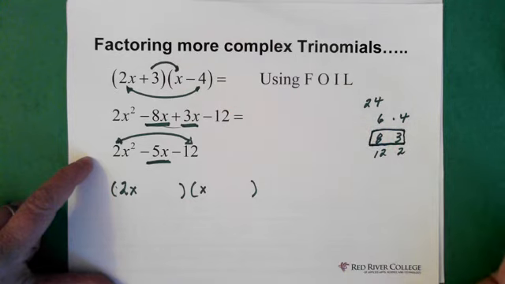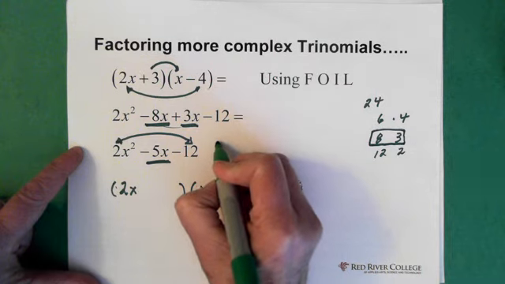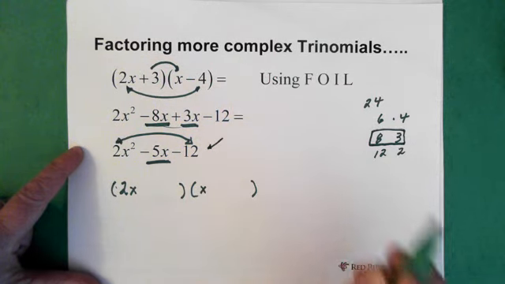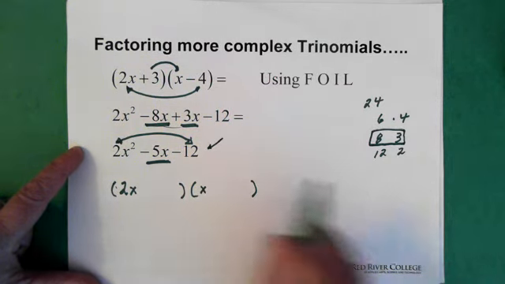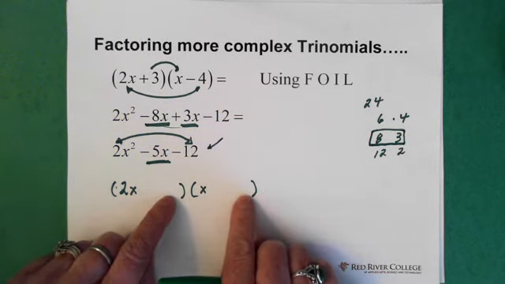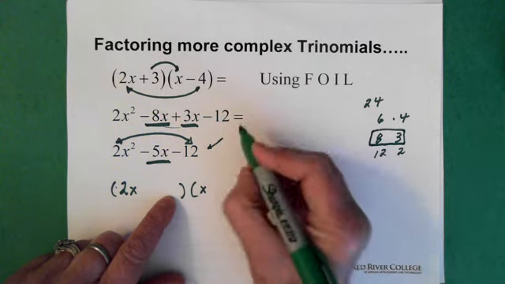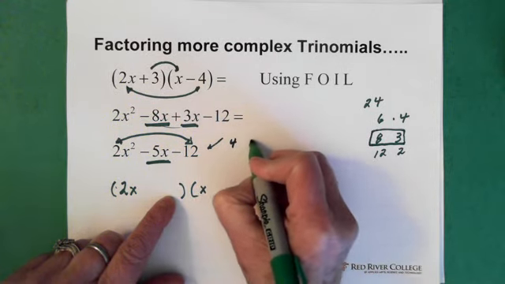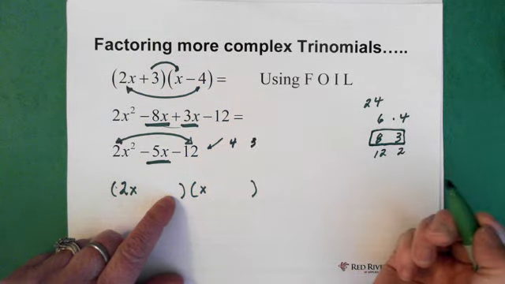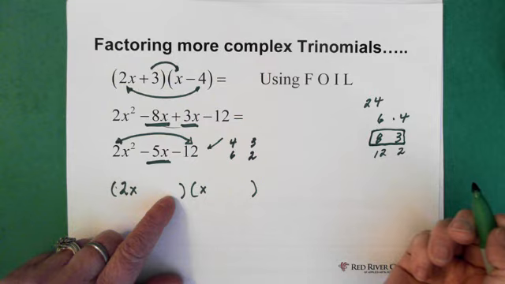All right? So then the next thing I do is I look at my 12, the last term here, because that's what I need to be figuring out about what goes here. So what times what is going to give me 12? Well, 4 times 3 will give me 12. 6 times 2 will give me 12.